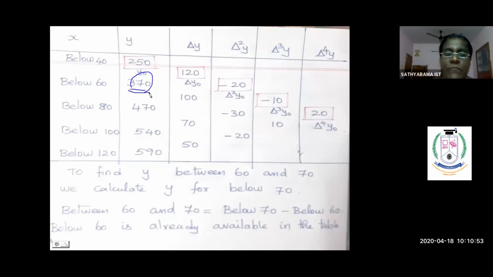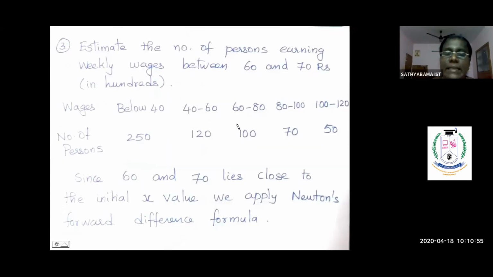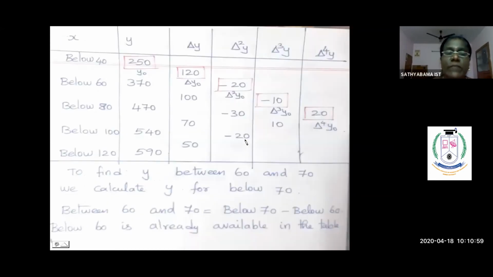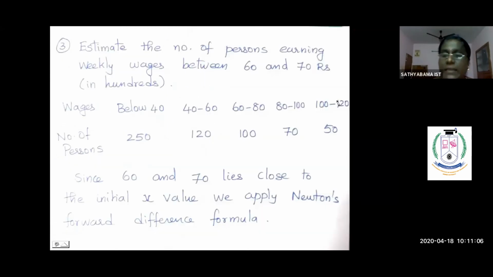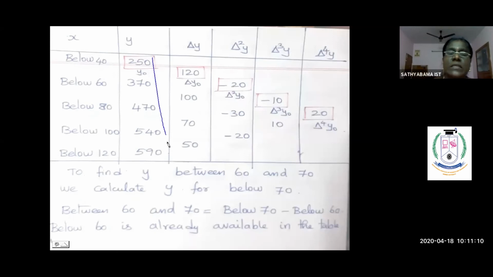In the same way, for below 80, I have to add all the 3 entries, which will be the corresponding y value for below 80. And in a similar way, for below 100 and below 120. So what are we actually writing under y? The cumulative frequency. You would have heard about this term cumulative frequency when you did statistics in your lower classes. And based on this, I am going to calculate the difference table.